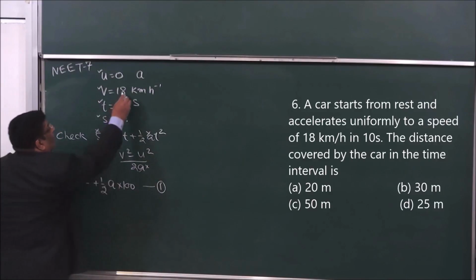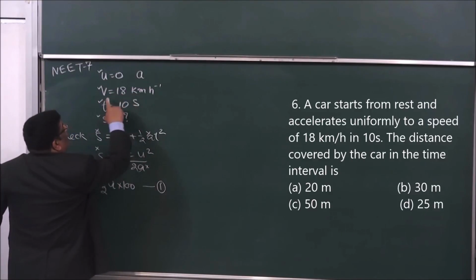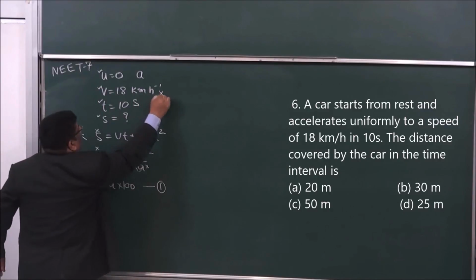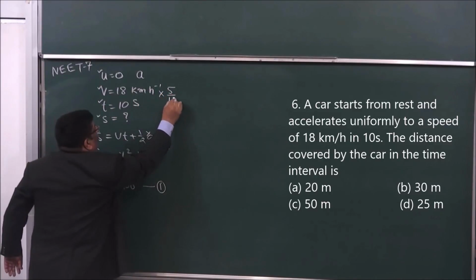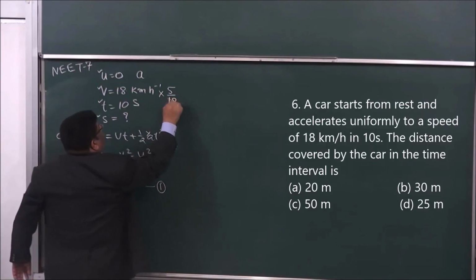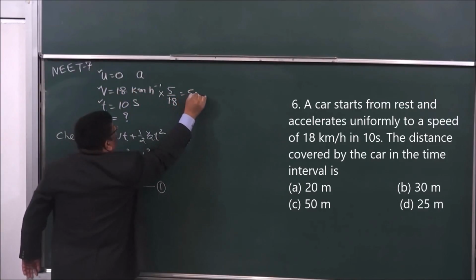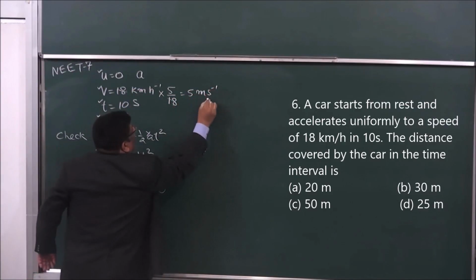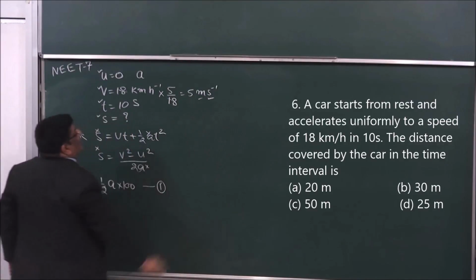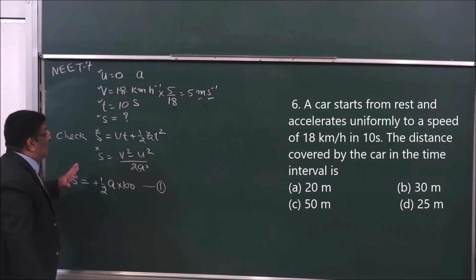So this we know how to convert it, and 18 km per hour is to be multiplied by 5 upon 18, and that gives us 5 meter per second. Now it is second and it is meter, so that we get the S in meter.